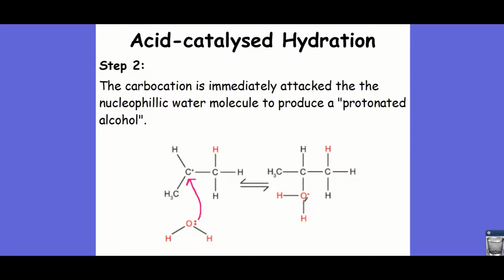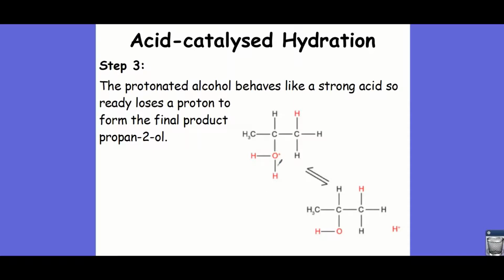Protonated because it contains an extra hydrogen atom. That is not a species that is very stable. It doesn't like to exist for very long. So what happens is this bond breaks and we get our hydrogen ion back, and we have our propan-2-ol alcohol here.